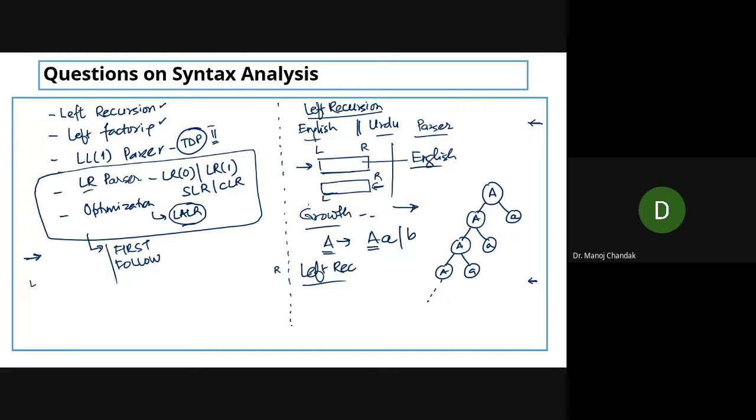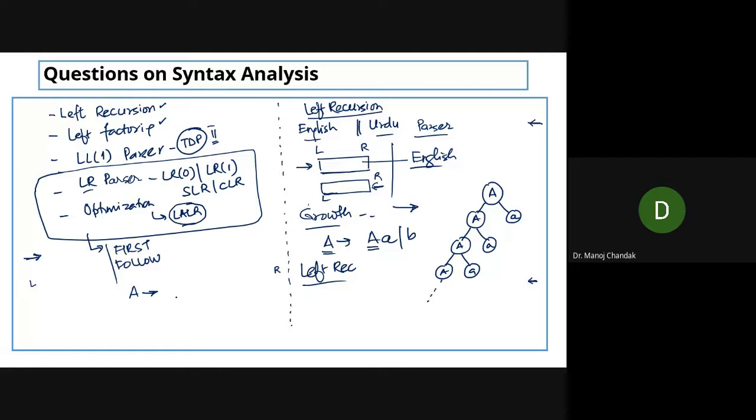So when we talk about recursion, left recursion is not permitted. And now you can always remove the left recursion by adding a new production rule to the grammar. Very importantly, you can always add a new production rule.